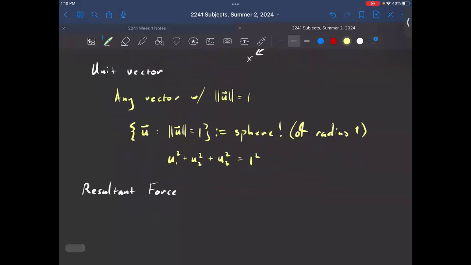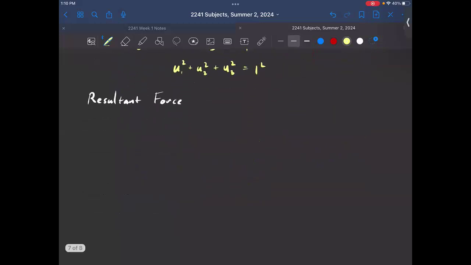All right, last but not least is the resultant force. And this is going to be a little bit trickier to think about, but if you've taken some physics, maybe it'll be familiar to you. What we'll have is, let's say, a box of some mass, m, and we have some forces acting on it in different directions.